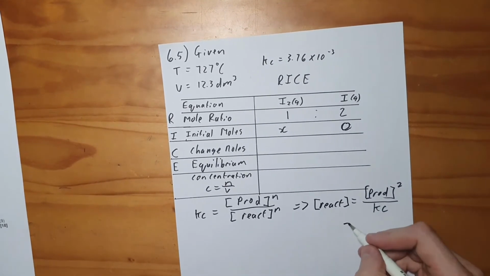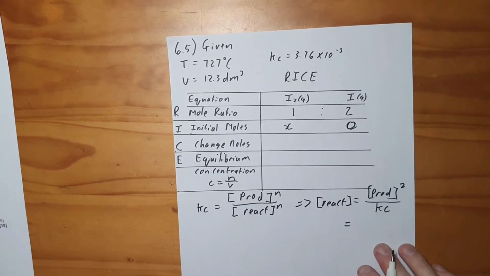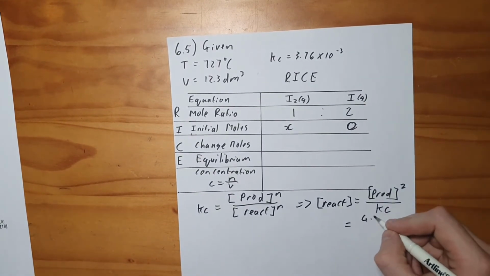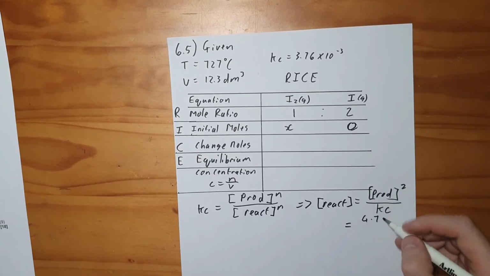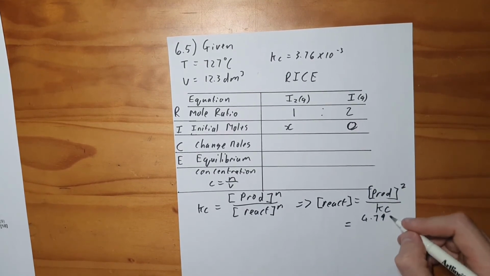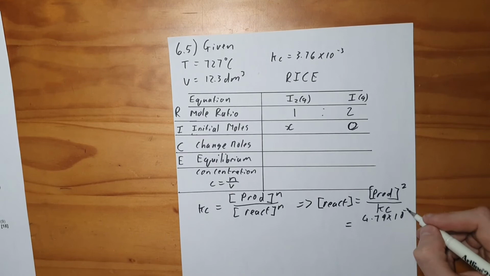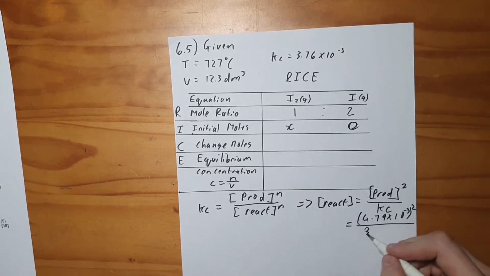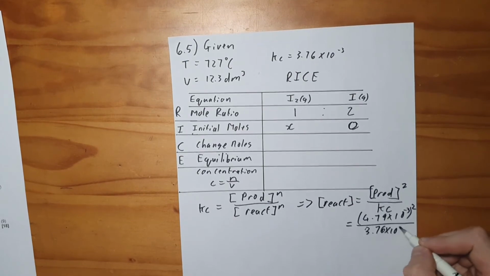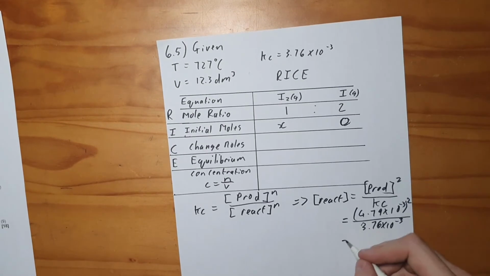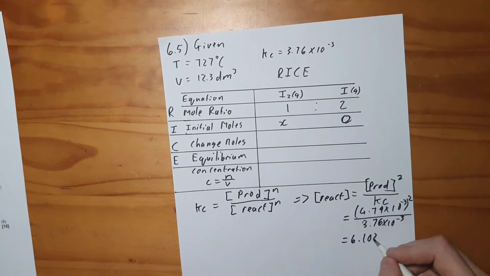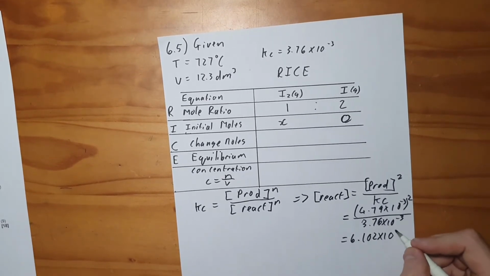So if you substitute everything in over here, we are going to have 4.79 times 10 to the negative 3, all squared over my Kc value, which is 3.76 times 10 to the negative 3, and if you work that out, you should get a value of 6.102 times 10 to the negative 3.